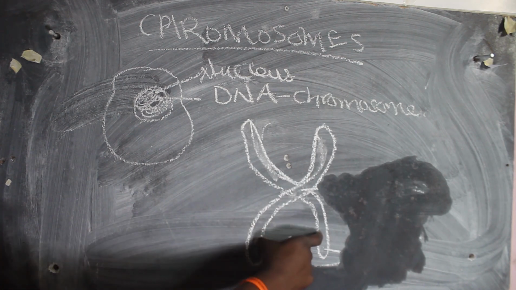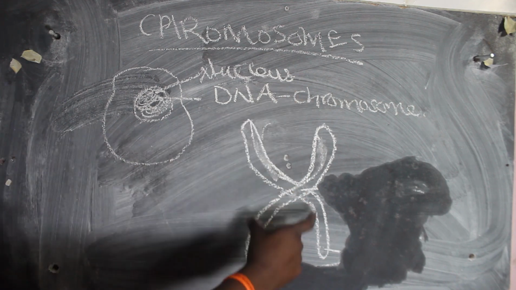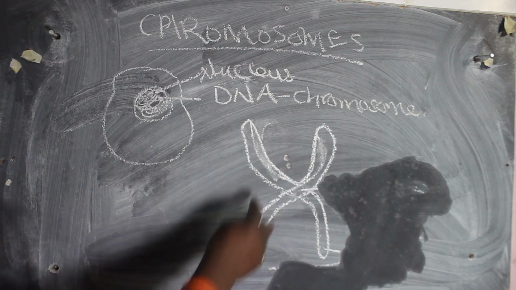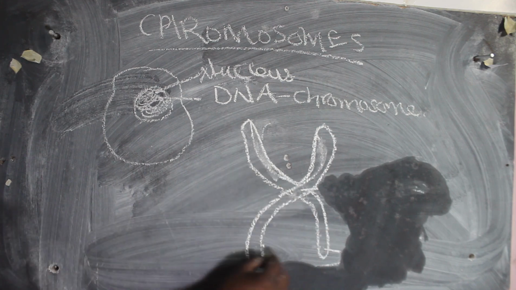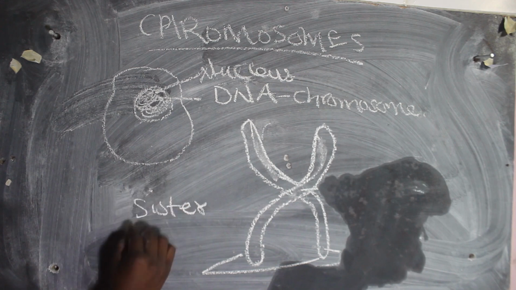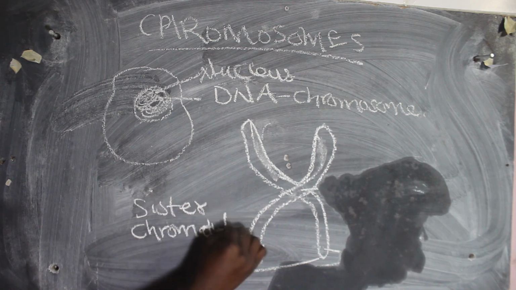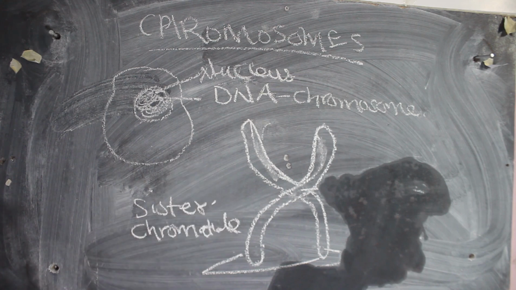So in one chromosome we have two chromatids. Now these two chromatids are what we call sister chromatids.